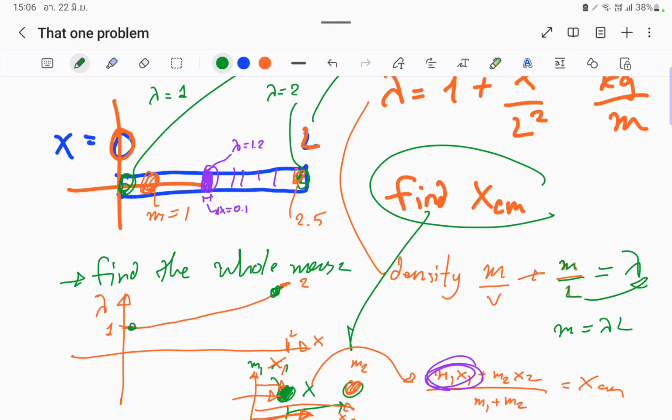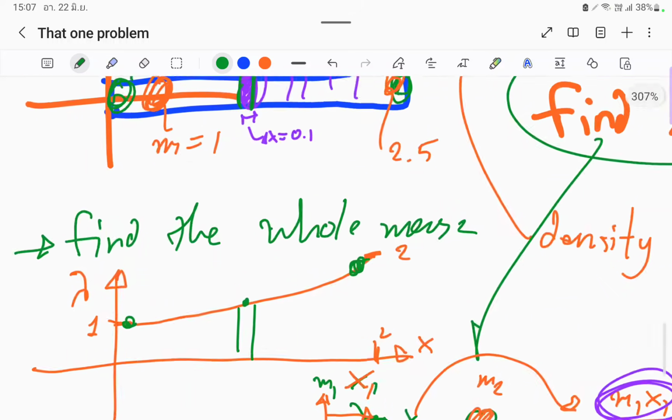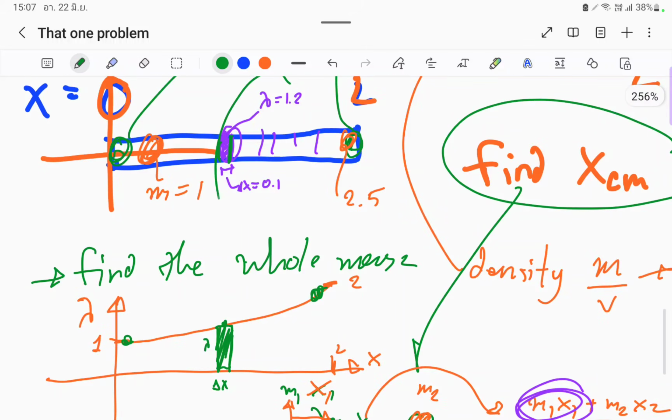But let's look back at what we did before. We chopped it into smaller pieces like this. So in this graph, it will be something like that. It's a smaller piece, and the lambda is equal to one number already because we chopped it very small, and we multiplied both together, which gives us the area of this square, because this is delta x and this is lambda, so you understand that this is the same thing.